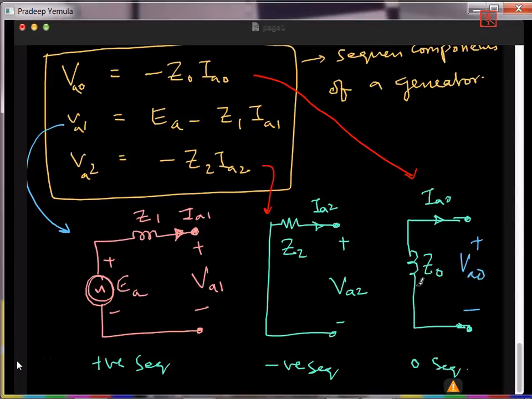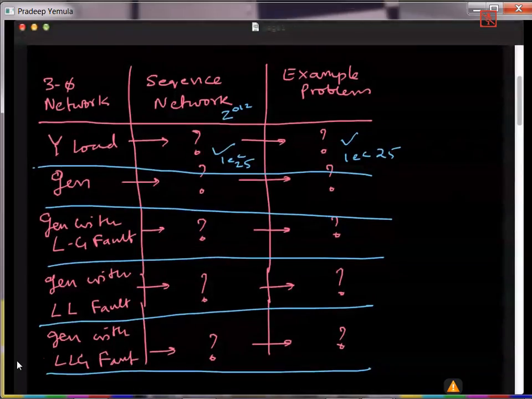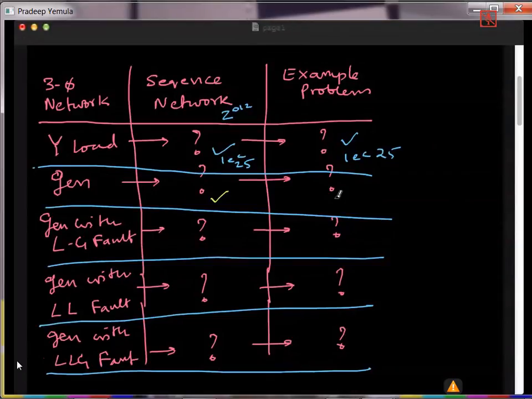Now, once I have this, let's go to the other cases. I have done this now. The example problem we'll do later. First, I'll complete this column, then we'll do the example problem.